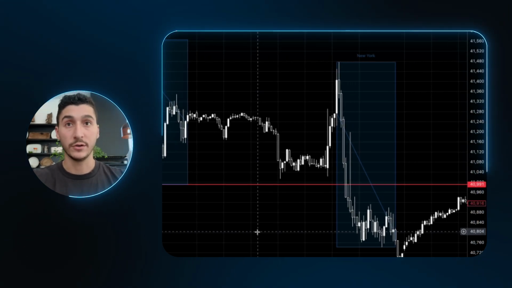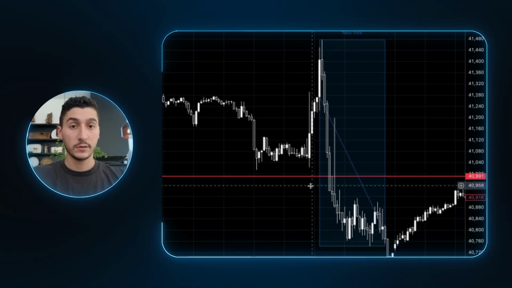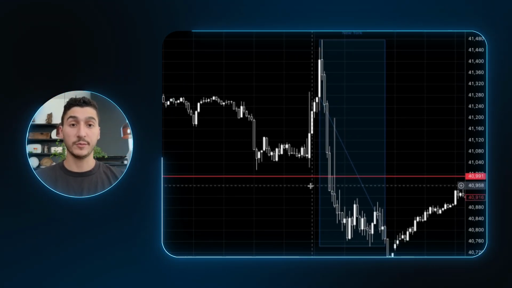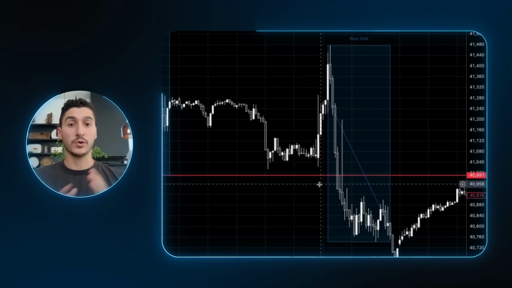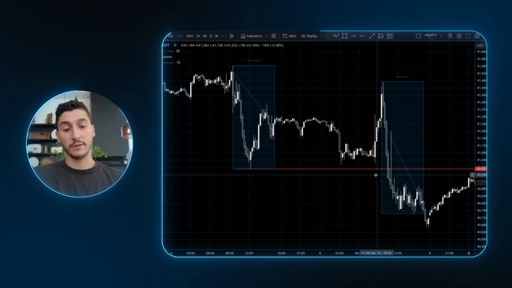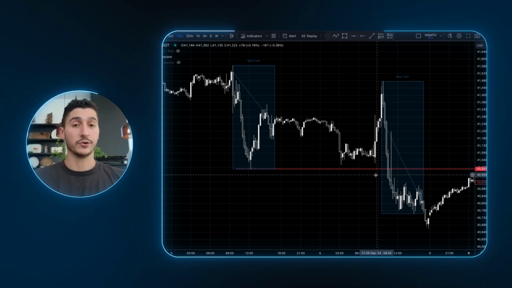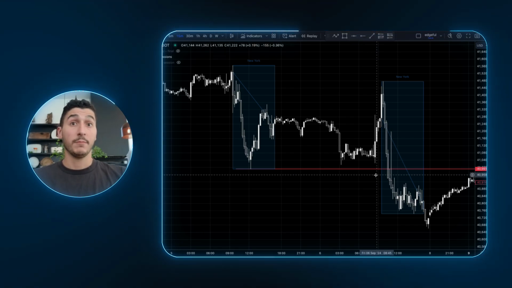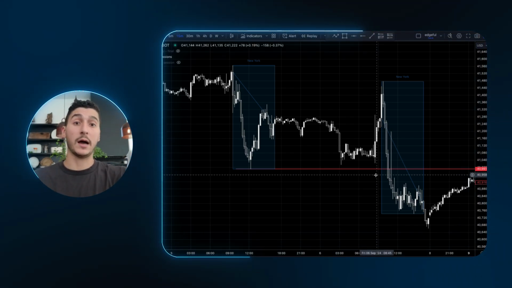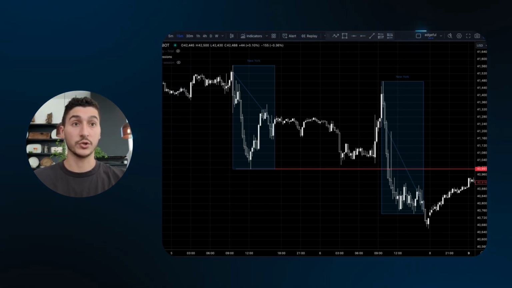So that's the way that you can use this. You want to wait for yesterday's high or low to be broken, and then that's when you can start to pick your bias in the day. So whether you trade futures, you can trade that directionally. If you trade options, you can also trade it directionally. But if you trade options, you can also sell options looking for price to close red on these days.